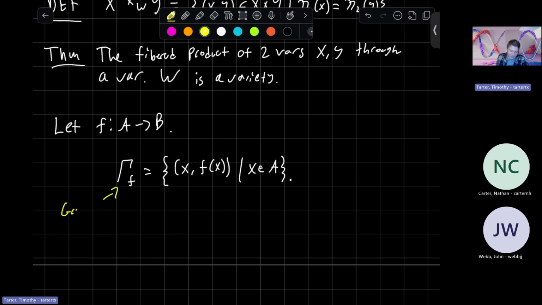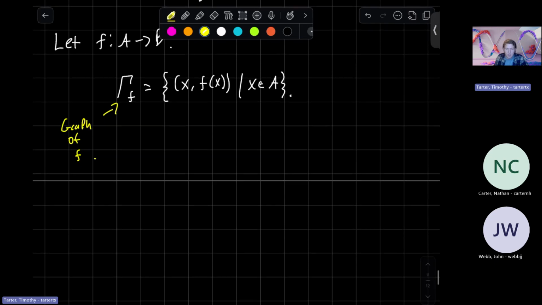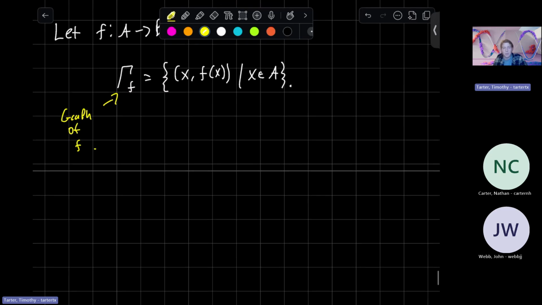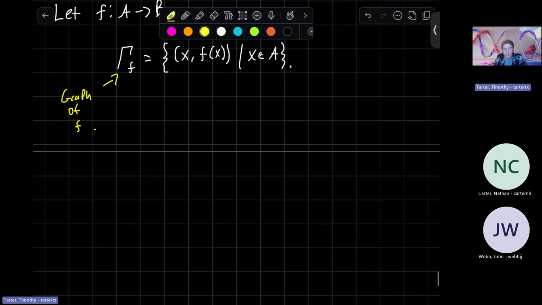So this thing is the graph of f. Later on, this is highly used in algebraic geometry for a lot of reasons, but it's also just a tractable example that we can compute for any regular map between varieties.